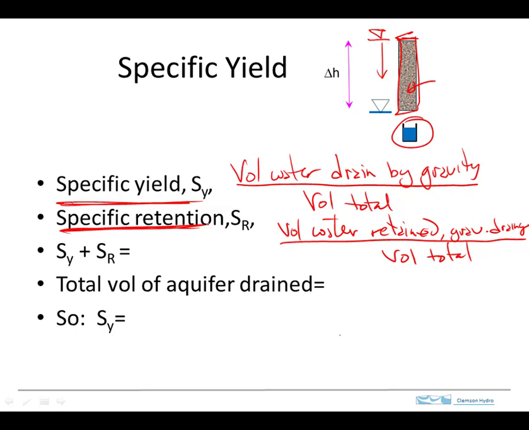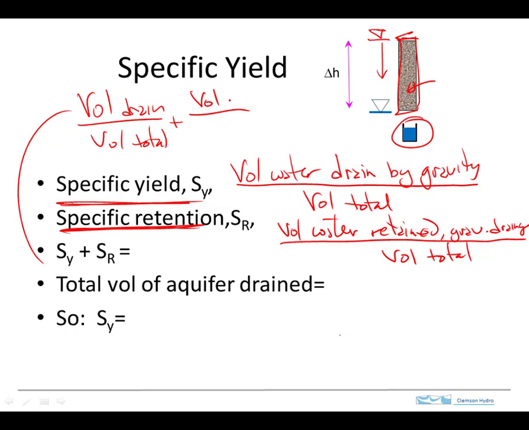Okay, and I think that it's clear that if we start with pores that are saturated and we drain some of the water out of the pores, and then we have some volume retained in the pores, that we have volume drained over volume total plus volume retained over volume total.